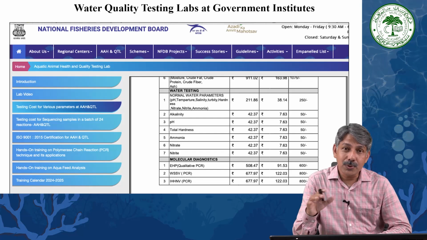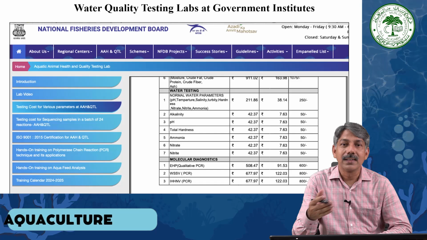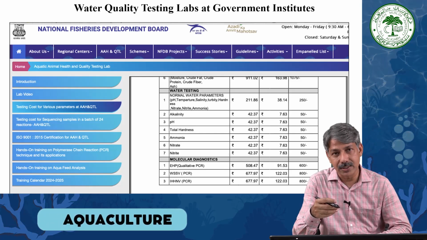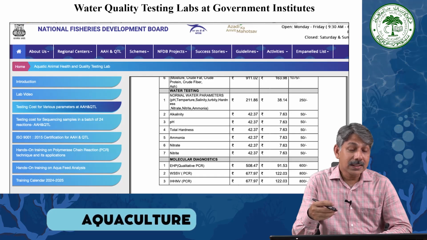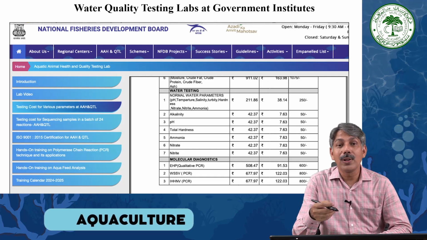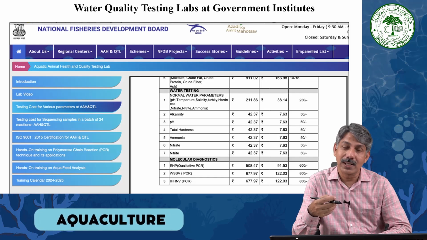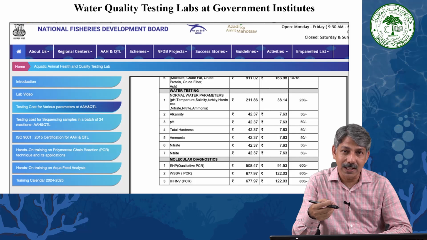Now, we have so far discussed a few important water quality parameters that can have a strong influence on the performance of the aquaculture system as a whole. It's not necessary that you have all the facilities to analyze all the water quality parameters at your place. You are not supposed to do that.